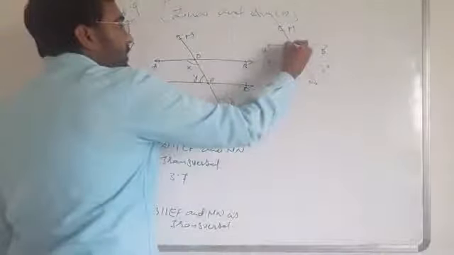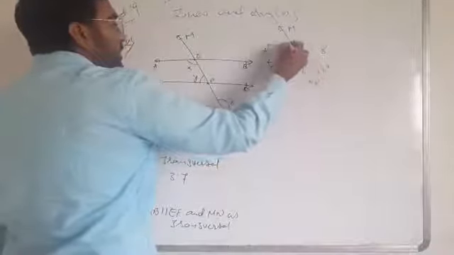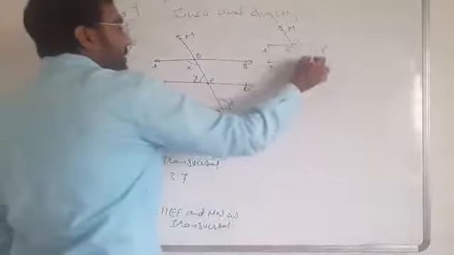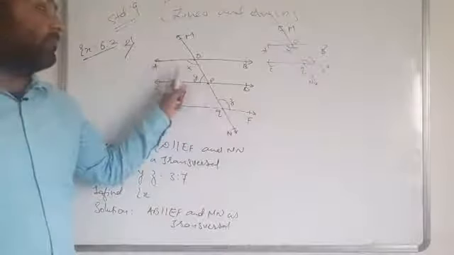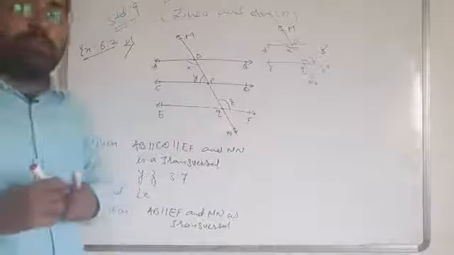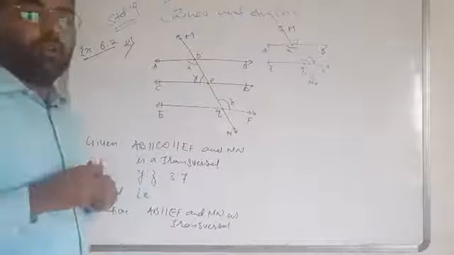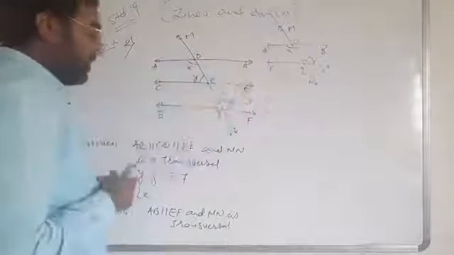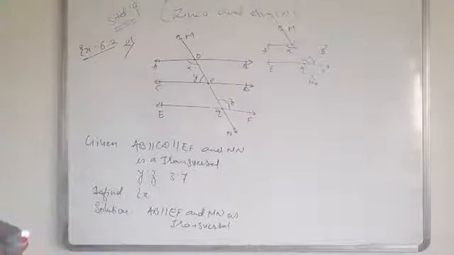Here is my intersecting point O and here is my intersecting point Q. Here my angle X is given and here my angle Z is given. What kind of pair do angle X and angle Z form? They form a pair of alternate angles.